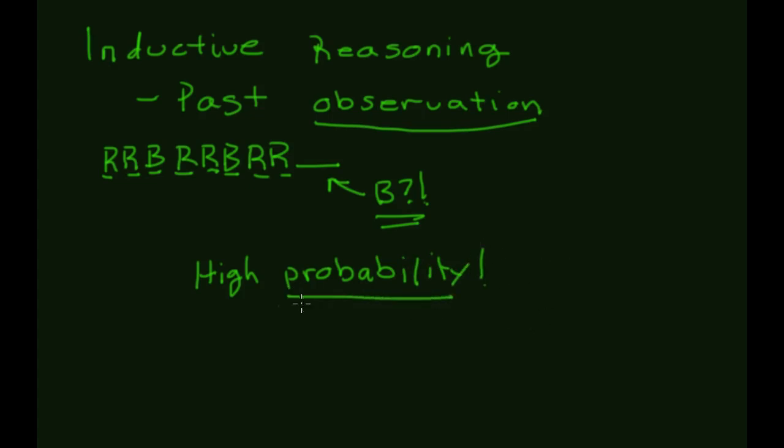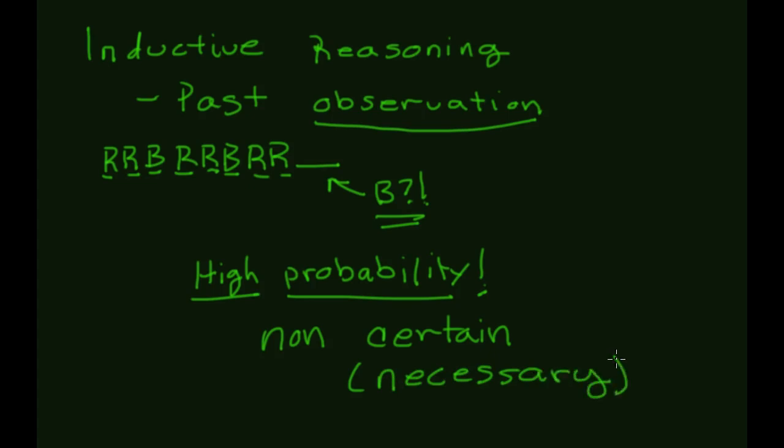But it's only a high probability. It is not certain. Or another way that we can say this is it's not necessary. Right? We have evidence to support that the answer might be blue, but in fact it's not necessary.